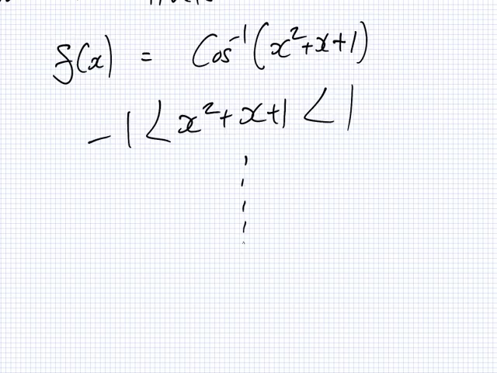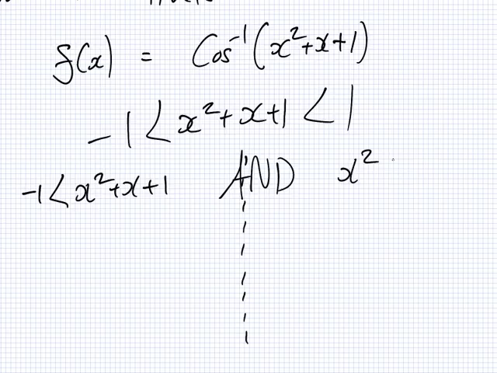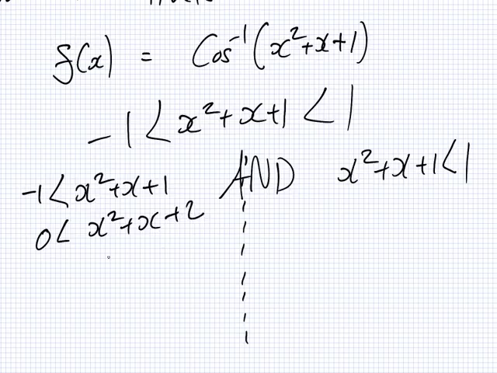So you have this one. So this is 0 bigger than x squared plus x plus 2. Does this have roots? No, this doesn't have nice roots. You have to use the minus b formula.